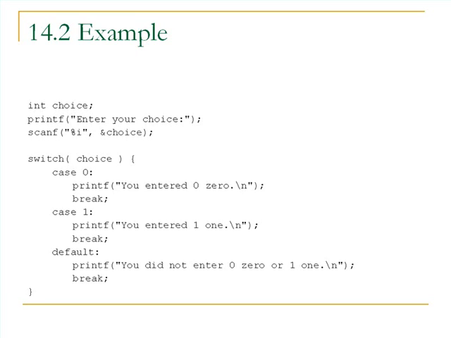Notice that there's a break statement in each of the cases, case 0, case 1, and default. If you forget the break statement, the flow of control will continue into the next case, and this is called bleeding into the next case or from one case to another. Sometimes you would want to do that, so the break statement is required to prevent it.